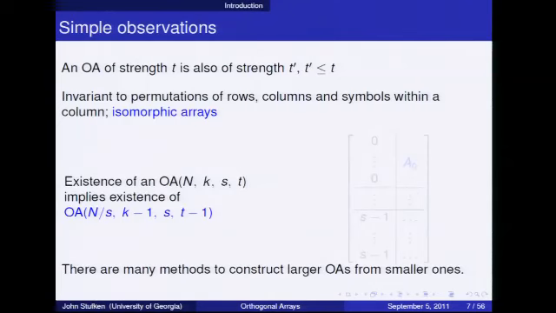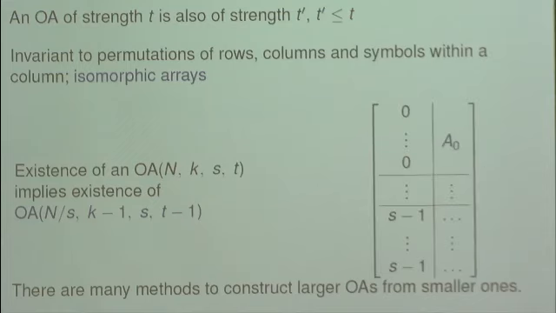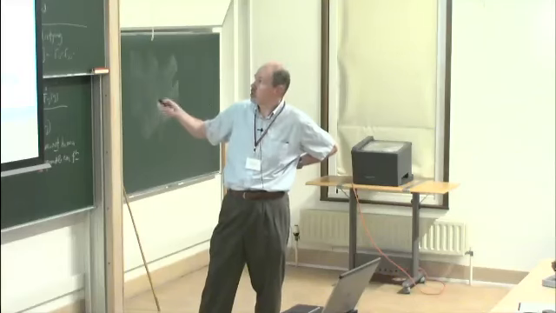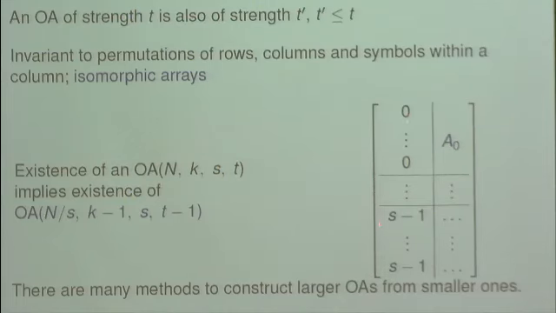There are all kinds of construction methods for orthogonal arrays. One that I wanted to point out is what you see over here. If you have an orthogonal array with these parameters, then immediately you can also get an orthogonal array with these parameters, and the way you do that is by what is shown over here. Since there's invariance to permutations of the rows, you can always write this orthogonal array here in such a way that the first column is in this natural order, first the zeros and then the ones and then up to the s minus 1s.